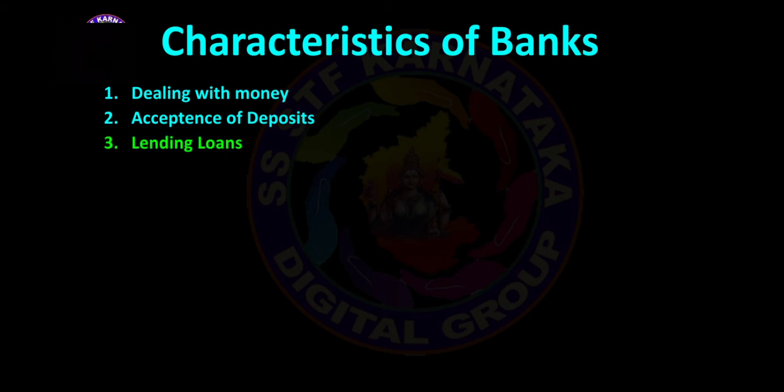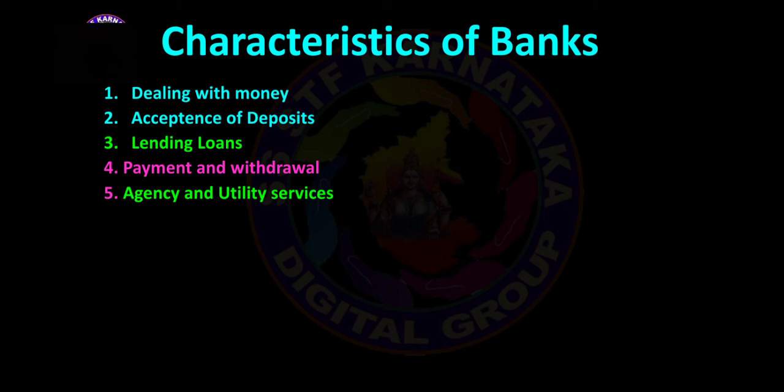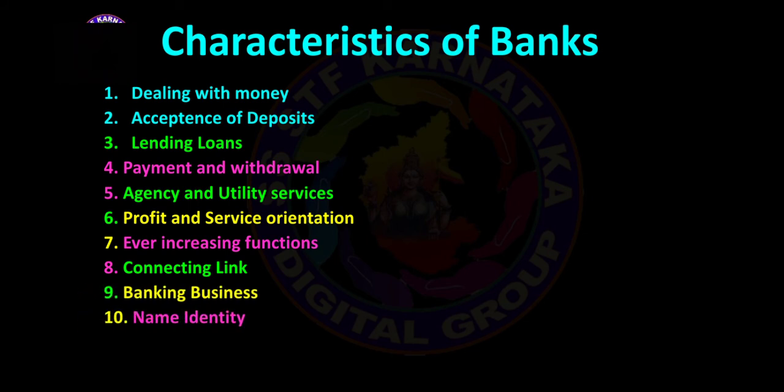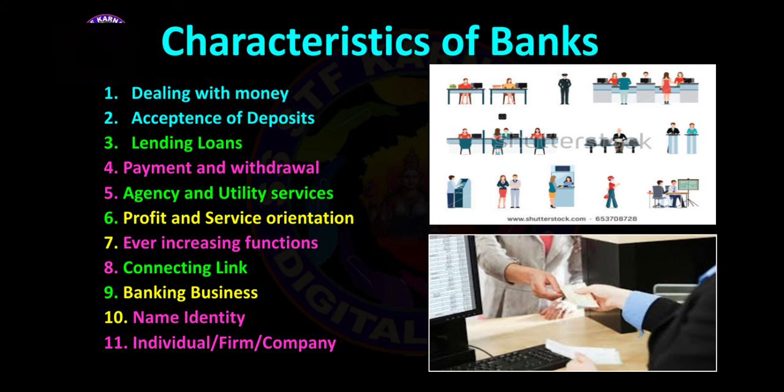So it starts from the first, dealing with money, and then they accept the deposits, then lending loans, then payment and withdrawal, agency and utility service, profit and service orientation, ever increasing functions, connecting link, banking business, name and identity, individual, firm or company. So these are all the characteristics of a bank.